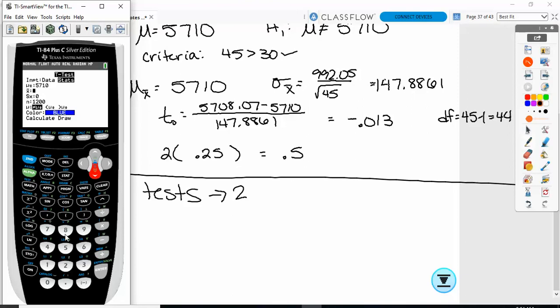X bar, that's the mean of our sample, 5708.07. S sub x, the standard deviation of the sample, so the standard deviation given in the problem was 992.05. N, we had 45. We're testing not equal. We'll come down and calculate.